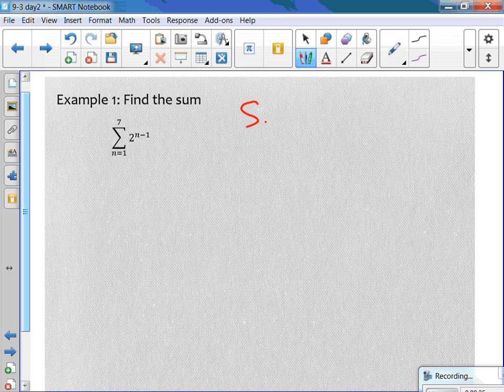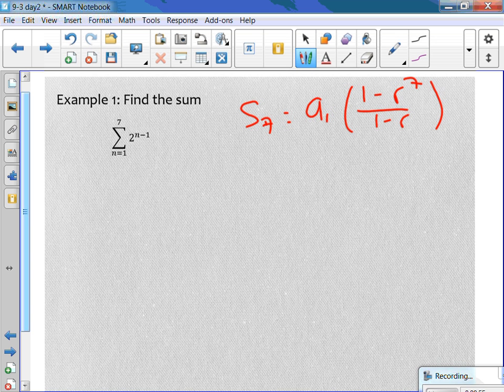So our S7 is a1 times 1 minus r to the 7 over 1 minus r.